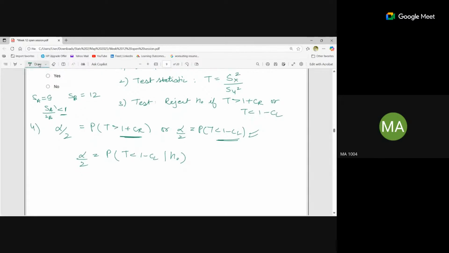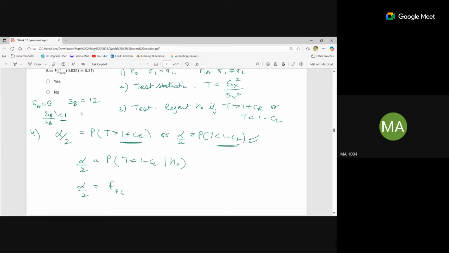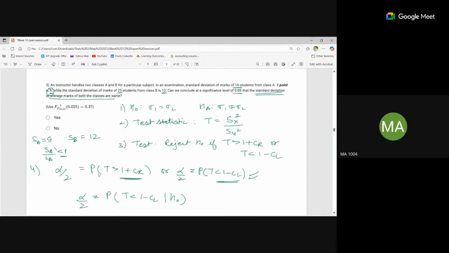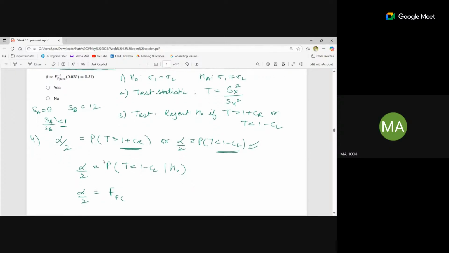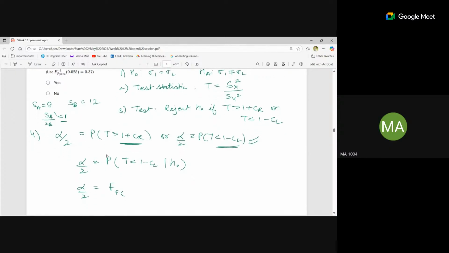Now, alpha by 2 equals to, I can write this as F distribution. What are my degrees of freedom? The degree of freedom for A is n1 minus 1, comma n2 minus 1.